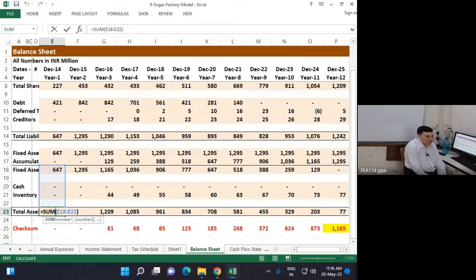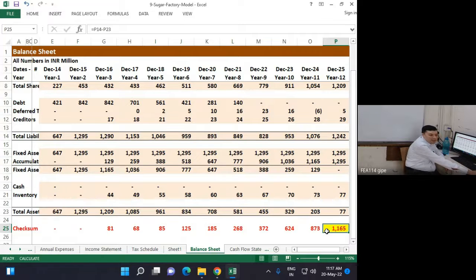The annual expenses, go to the E column and take it from the E column. Okay. Now 1165, right?